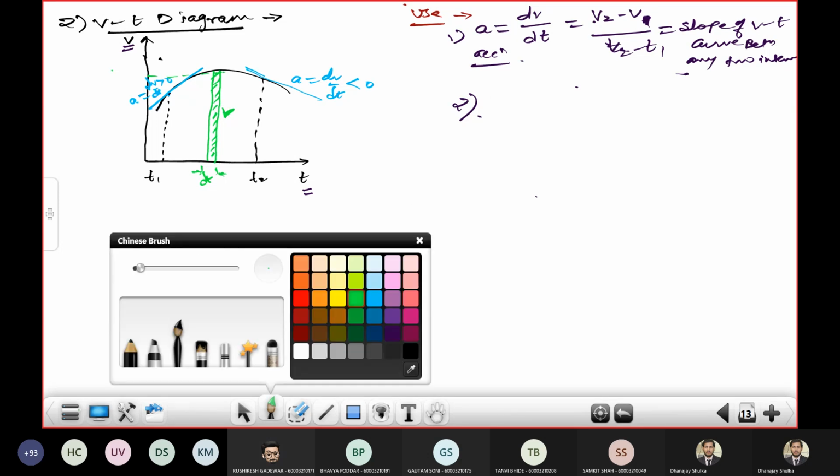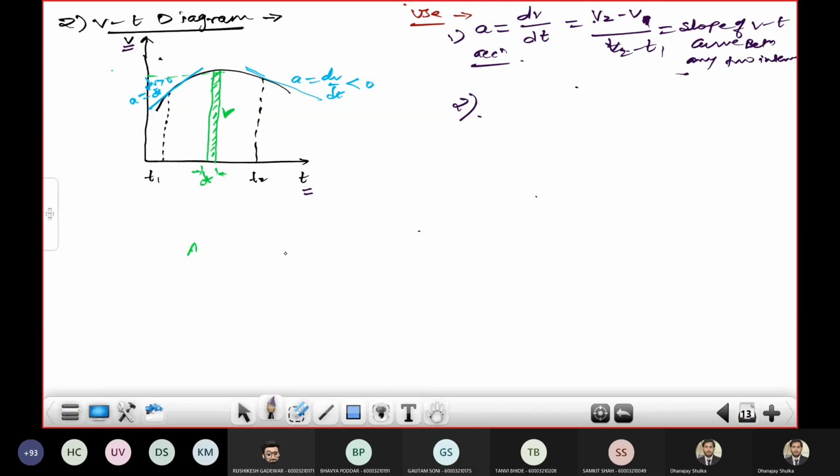It will be V into dt. Let's say this is the elemental area.